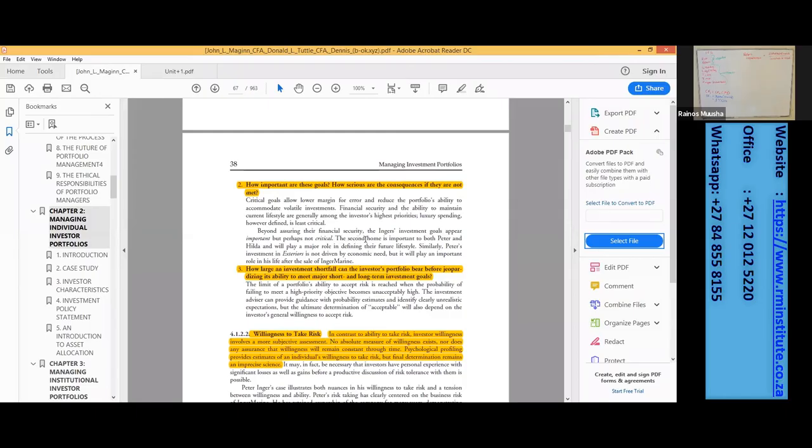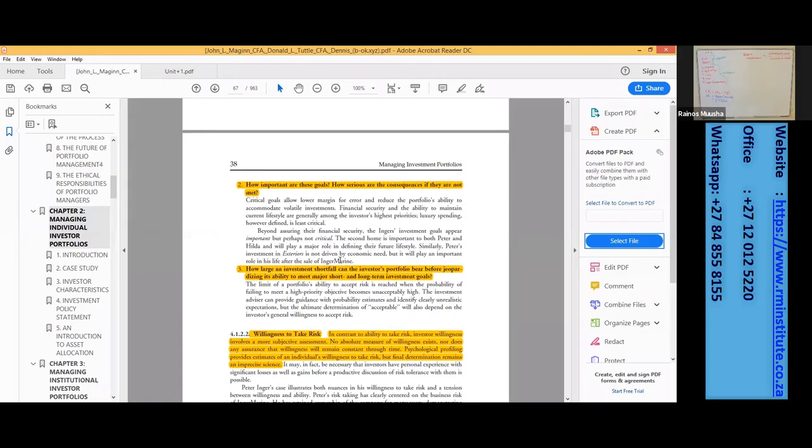The second home is important to both Peter and Hilda and will play a major role in defining their future lifestyle. Similarly, Peter's investment in exteriors is not driven by economic needs, but it will play an important role in the life of the Inga Marine sale as well.